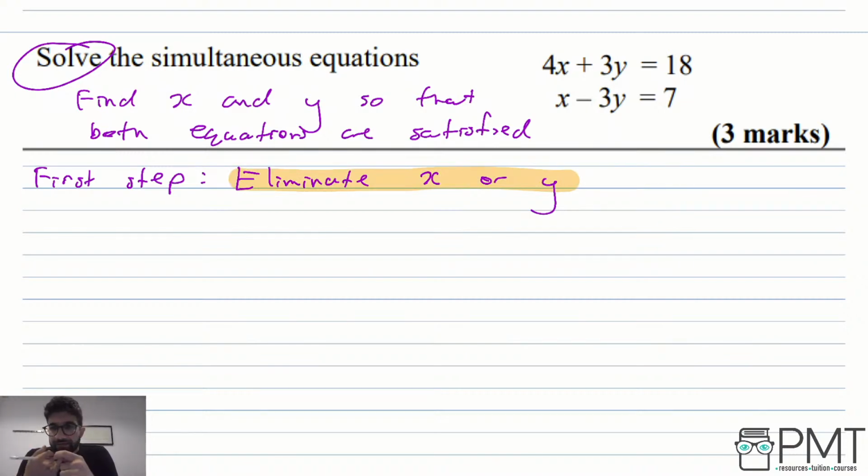So you can have, as some of you suggested, you can substitute one equation into the other, or you can add them together, add or subtract. So to eliminate, I'll write, you have two options.